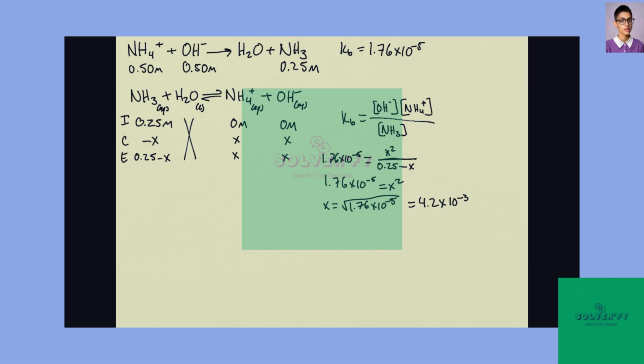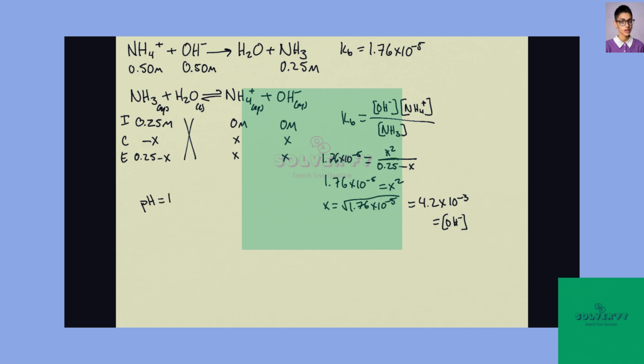Again, this means our assumption is valid since it will not affect our answer within two significant figures, whether we include this x or not. So now that we have our concentration of OH minus, we can calculate our pH.